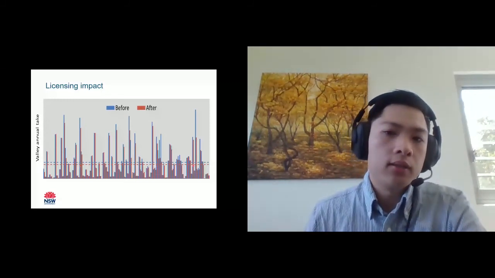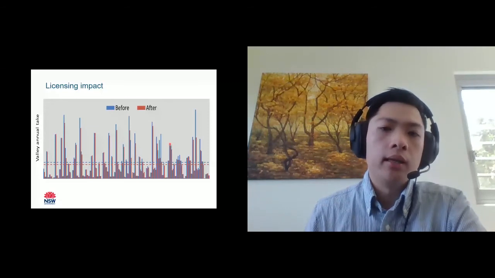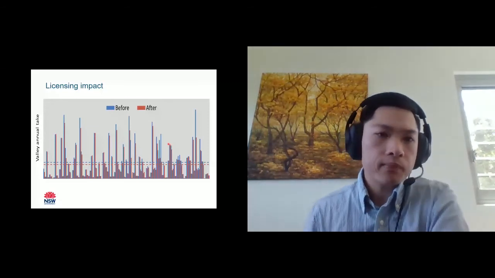And as you can see, because compliance is being managed at a long-term average, the impacts on different years will be different. Some of the wetter years might be impacted more than the dry years. In wetter periods where floodplain opportunities occur almost every year, they're also more highly impacted.